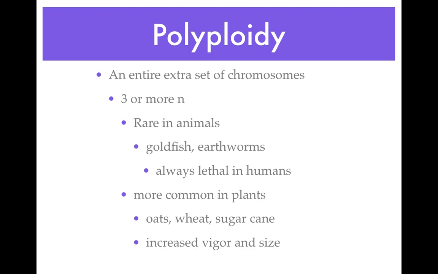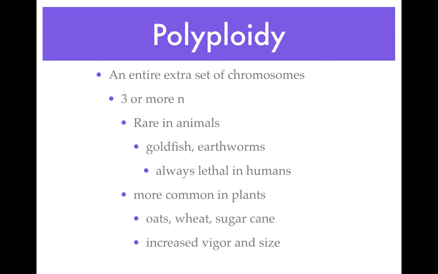If you've ever bought strawberries in the grocery store, you notice they are huge. If you go out to the side of the road in the early summer and pick wild strawberries, you'll see that they are very, very tiny, about the size of a thumbnail. And the reason for that is these strawberries you buy in the grocery store have extra sets of chromosomes. They are mutant.